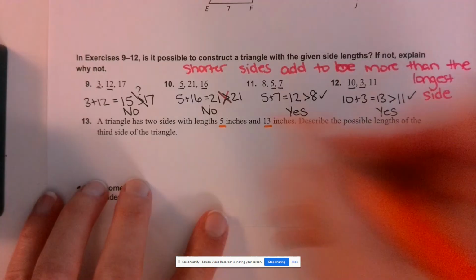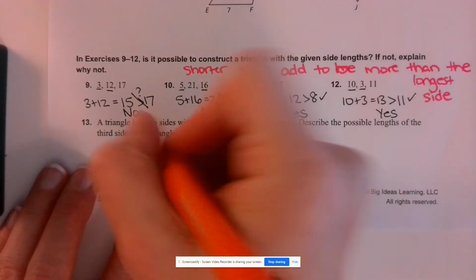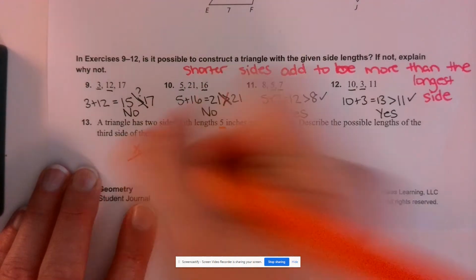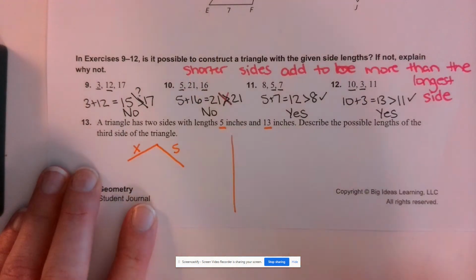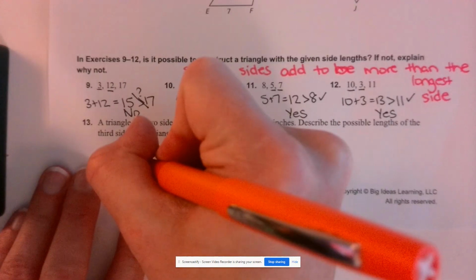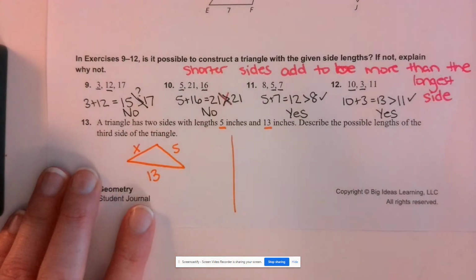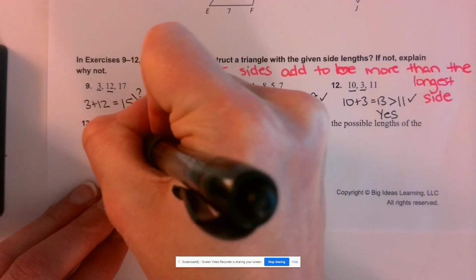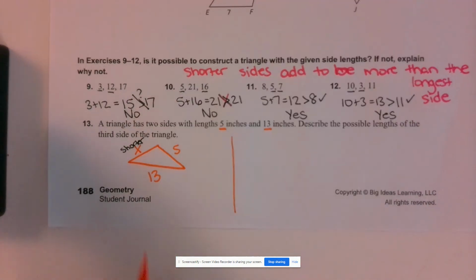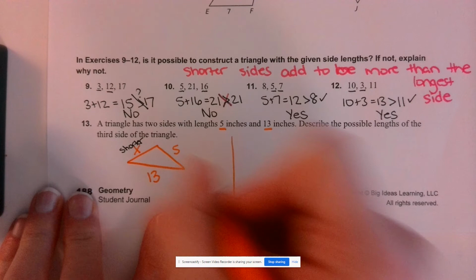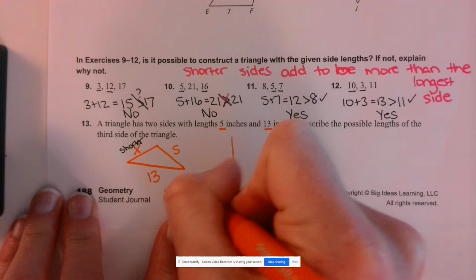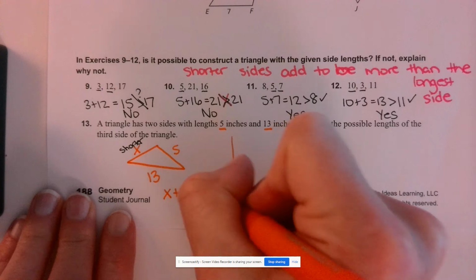So here's one situation. I'm going to divide it up. In my triangle, I'm going to call the side I don't know X. X and 5 are the two shorter sides, which would make 13 the longest side. I'm just going to put a little note that X would be one of the shorter sides. If this were the case, we would know that my two shorter sides, X and 5, have to add up to be more than the longest side.